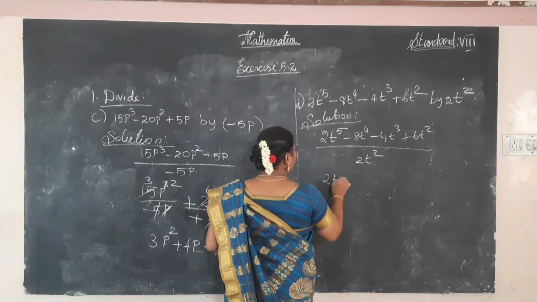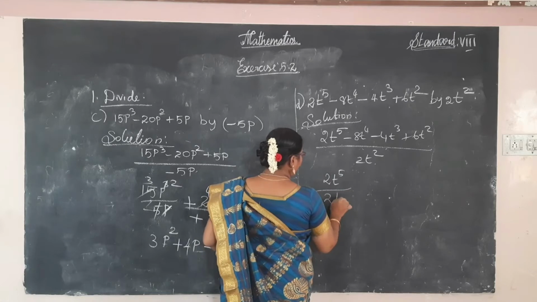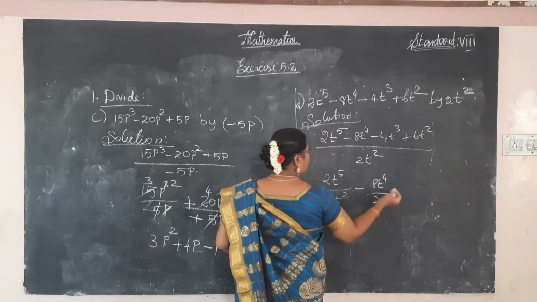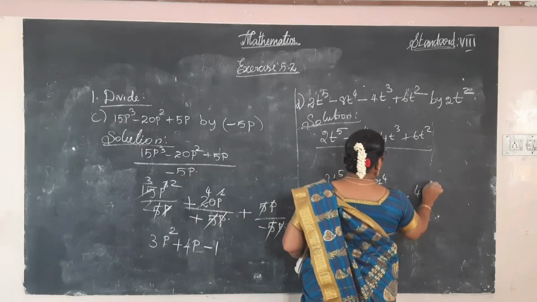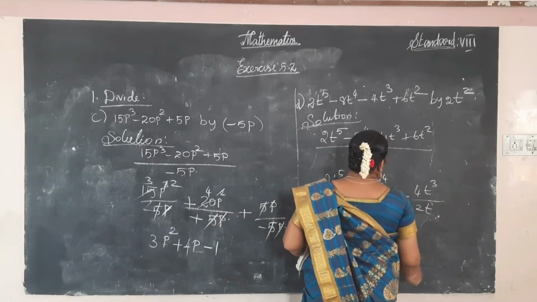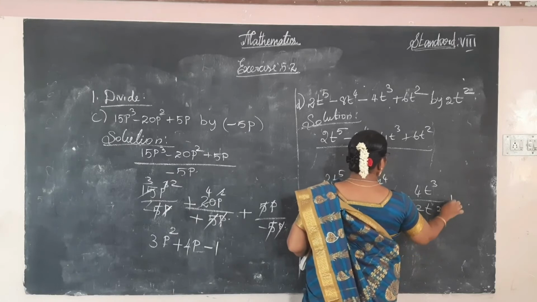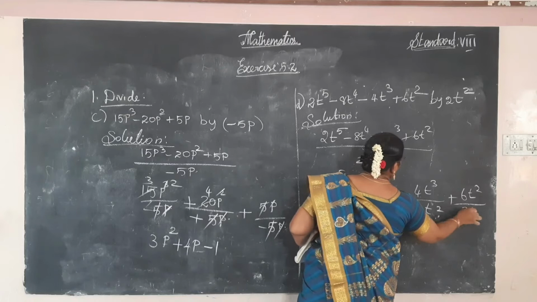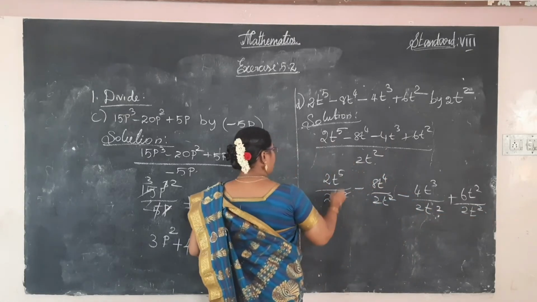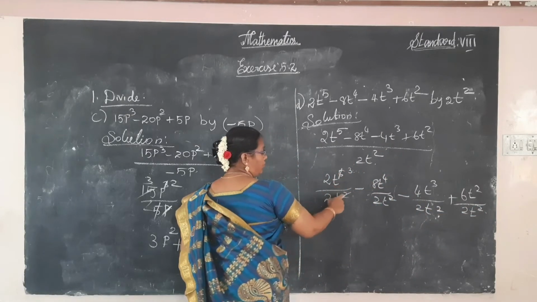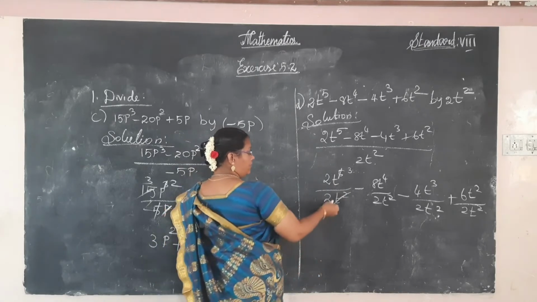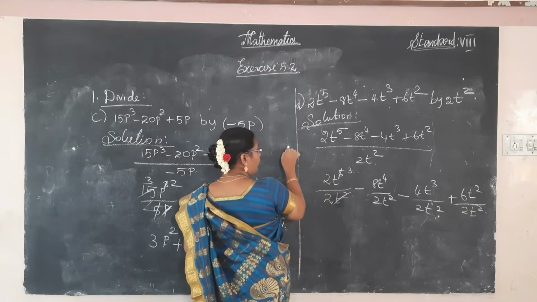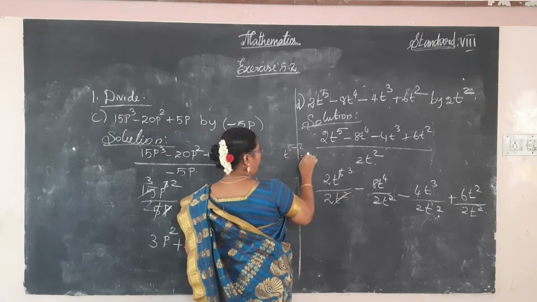So 2t power 5 by 2t power 2 minus 8t power 4 by 2t power 2 minus 4t power 3 by 2t power 2 plus 6t power 2 by 2t power 2. So the division quotient rule we have applied: t power 5 minus 2t power 3.